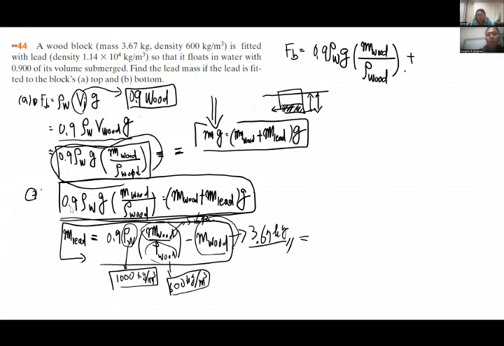Previously, that top part was not part of the buoyant force, but now your lead is down at the bottom of the block, so you have to additionally add the buoyant force from the water replaced by the lead.